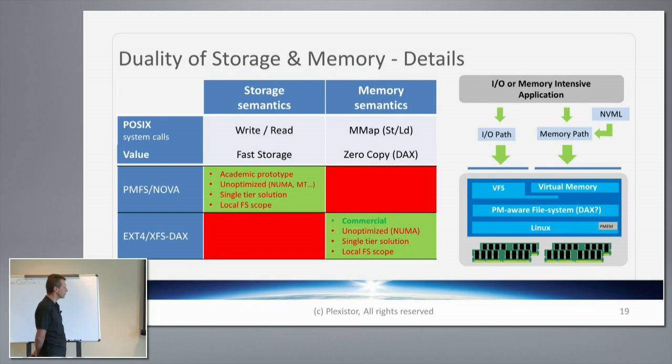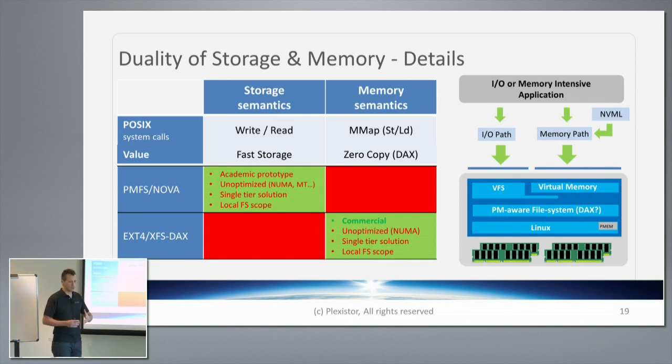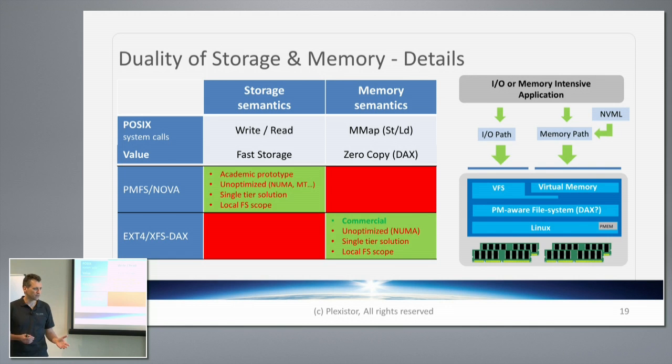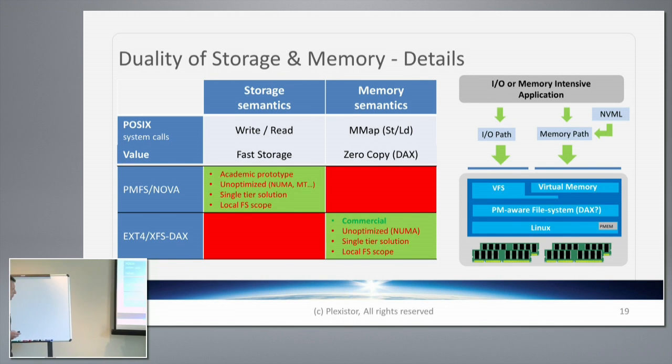It's a single tier solution. Again, you can't really extend the memory to traditional storage devices like we do. And again, it's a local file system scope. There's no high availability between nodes or single namespace or any of those types of things. Those have to be implemented within the application layer itself if you're doing that.